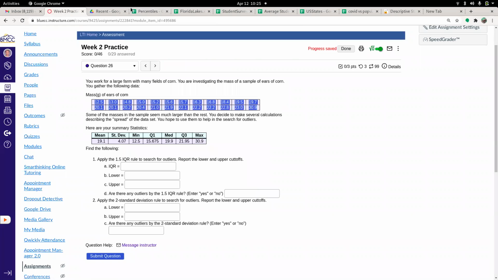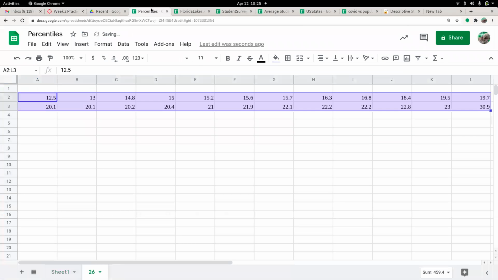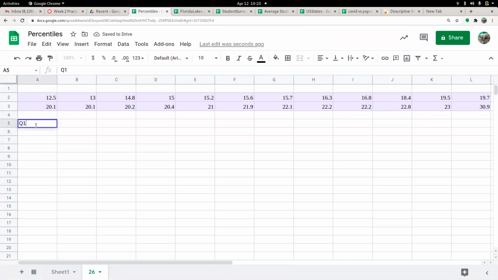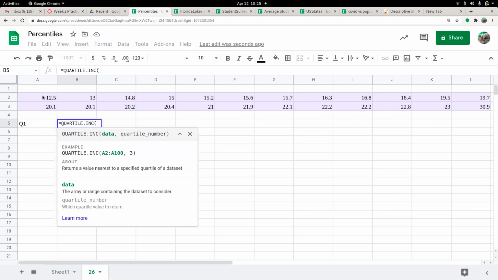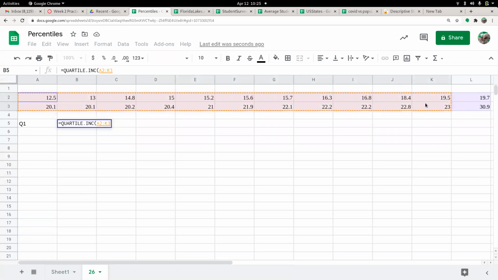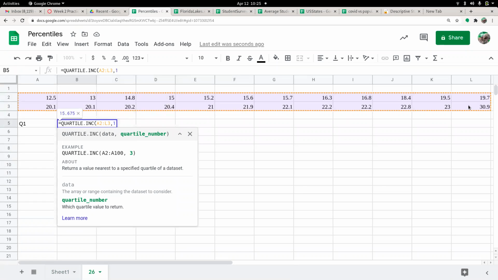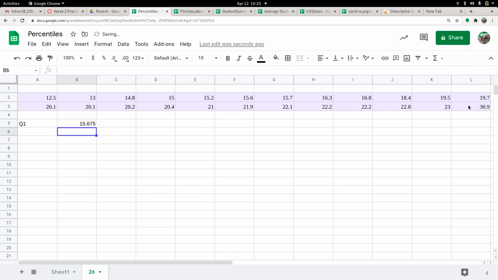Control C, Control V, and then let's just find Q1, which I could use the quartile command or the percentile command, and it just says, where's your data? It doesn't matter how the data is organized or if it's sorted or not, and then I want the first quartile. And so I should get the same number that I already calculated for you. And then let's just get Q3 for fun and answer the question.